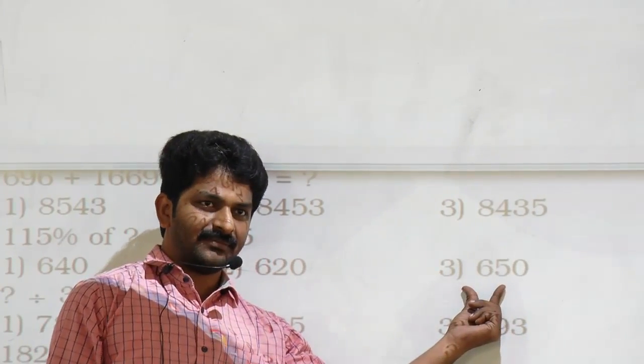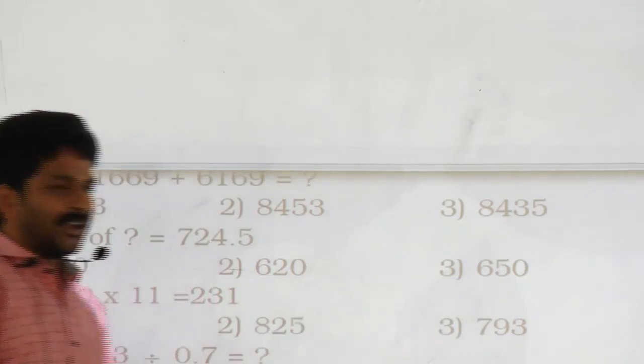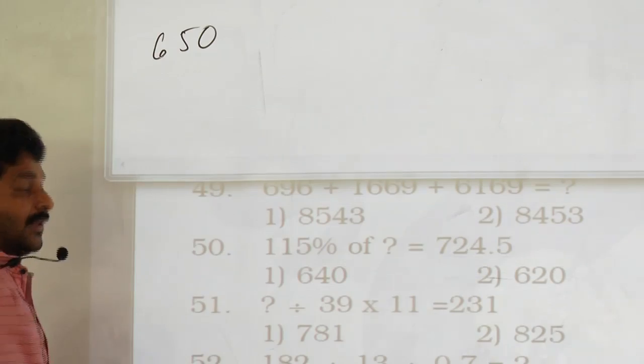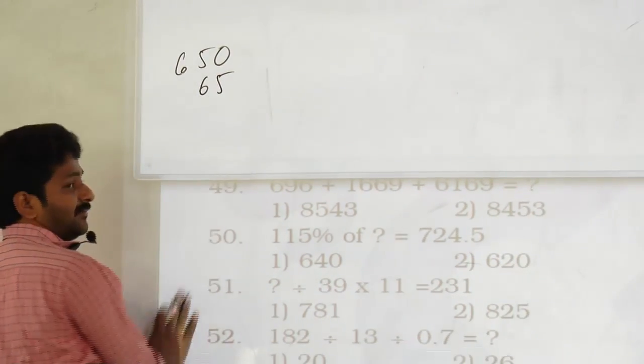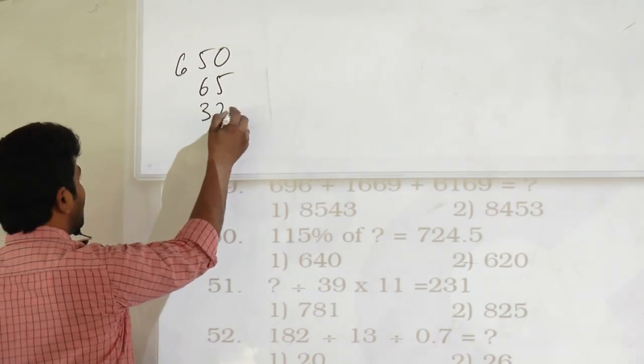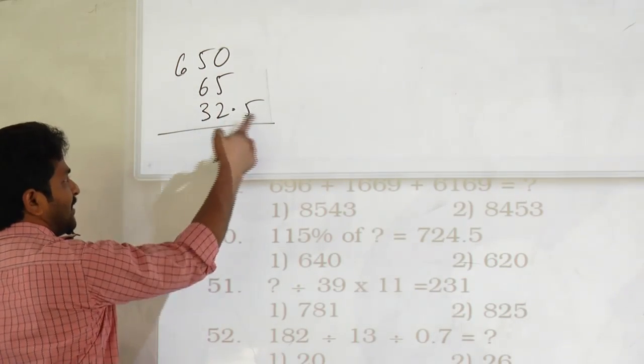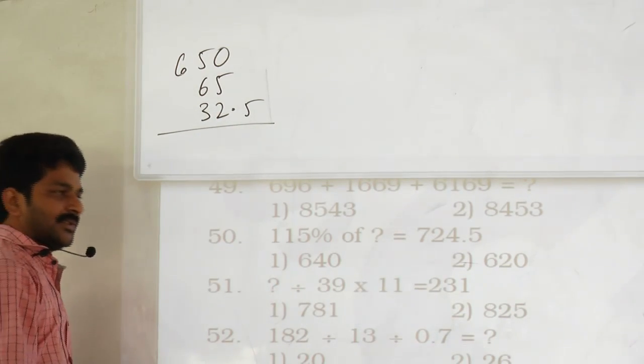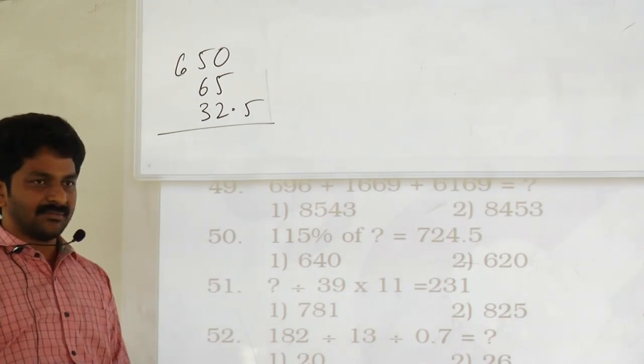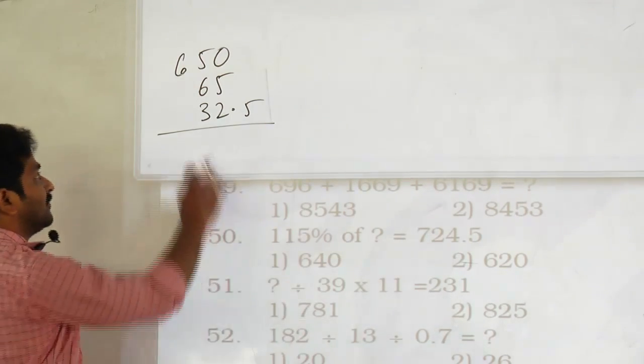Next, third option is 650. 10% is 65. Let's calculate. 100% is 650. 10% is 65. 5% is 32.5. 650 is not the right answer. Next, 630.